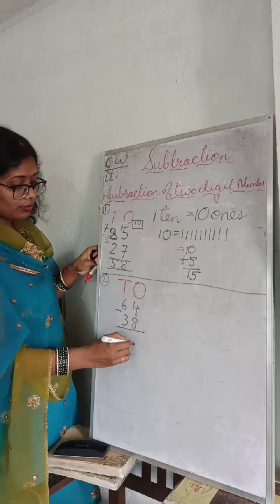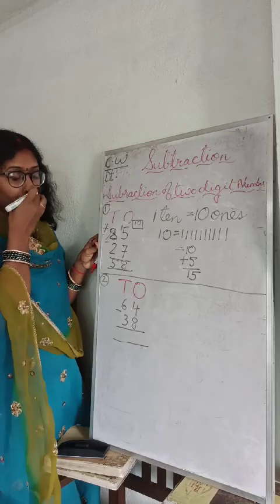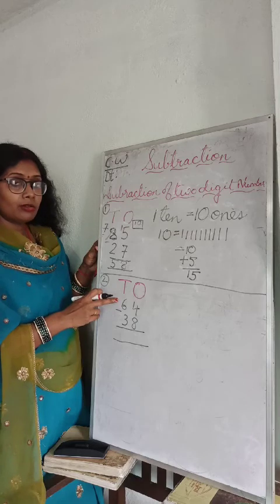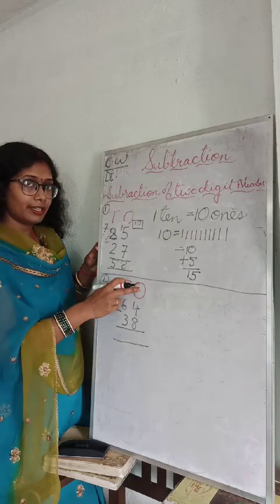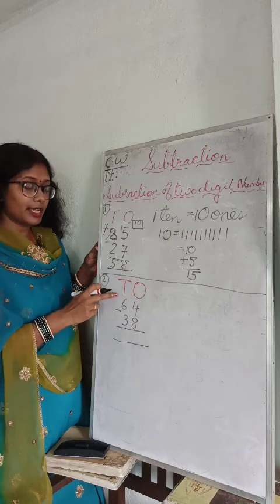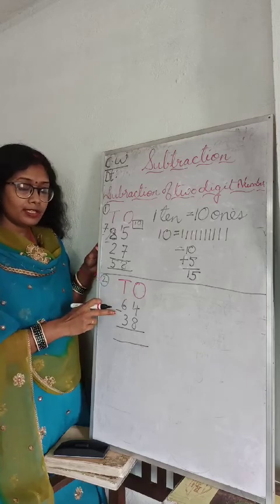So now what do you have? You have two two-digit numbers, one up and one down. 64 is a two-digit number where 4 is at the ones place, that means 4 only. 6 is at the tens place, that means 6 tens or 60. What are we subtracting?